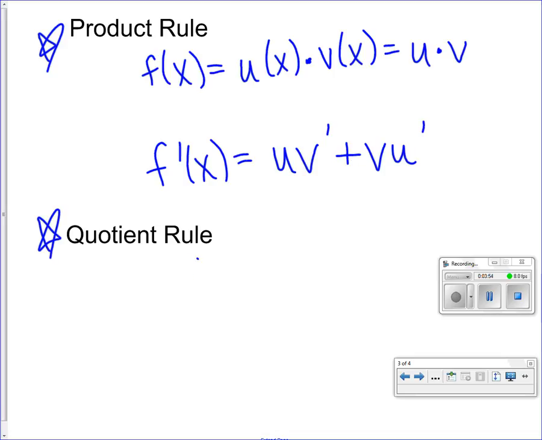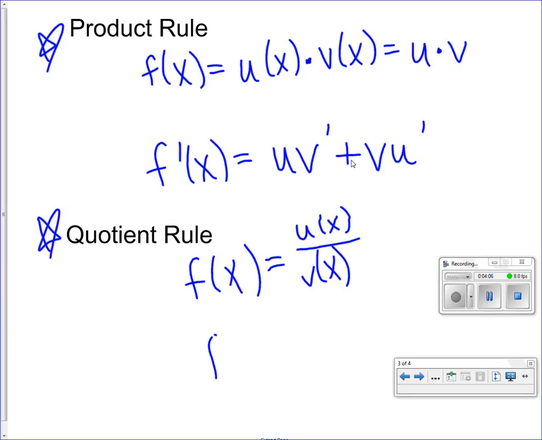And then similarly, we're going to have the quotient rule. We're going to define a function as two functions being divided. So all of our rational functions can follow the quotient rule. Again, I'm going to call this u over v to simplify. The quotient rule will be almost the opposite of the product rule. Instead of u v prime, it's going to start with v u prime.